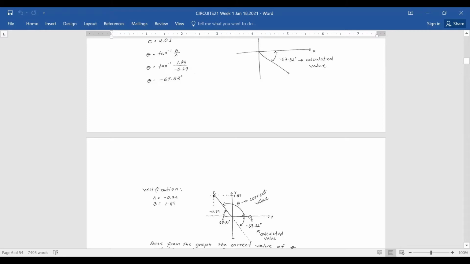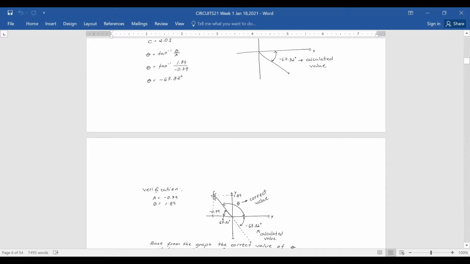Then to get the correct angle or phase angle, we have to consider the reference axis, the positive x-axis. So we have to start from the positive x-axis.